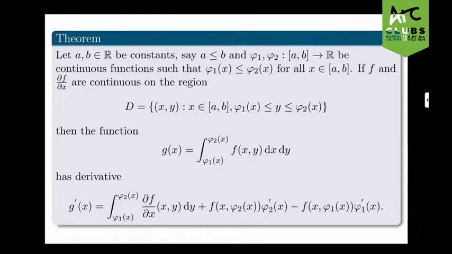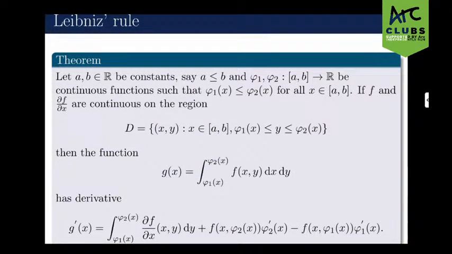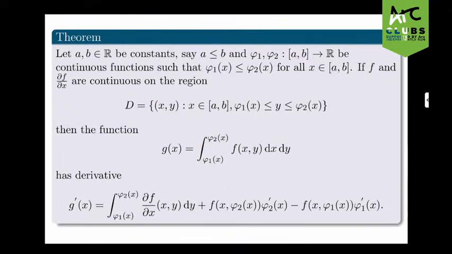Then we have the Leibniz rule. Basically we have this thing over here. Something looks wrong here, I think these are swapped around. Okay, rewrite this. This should be just dy.